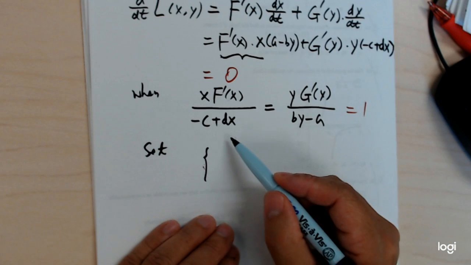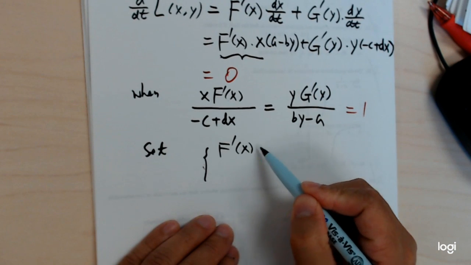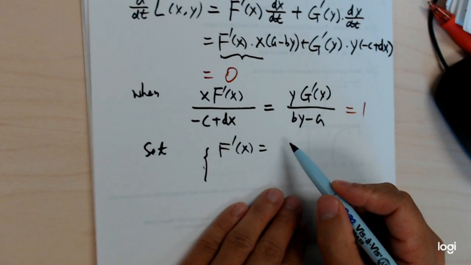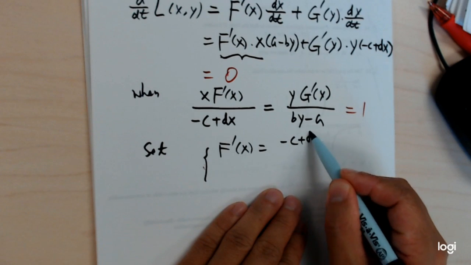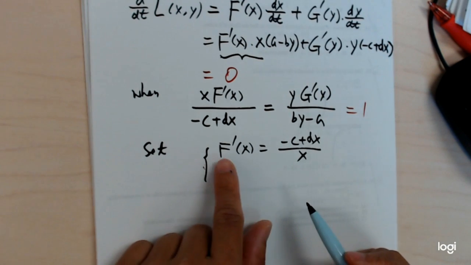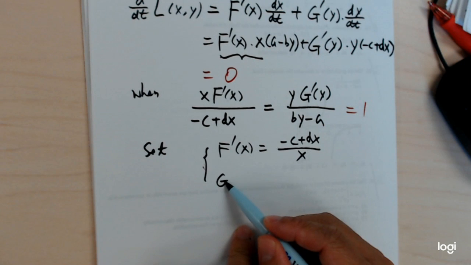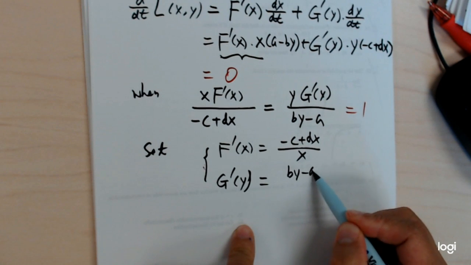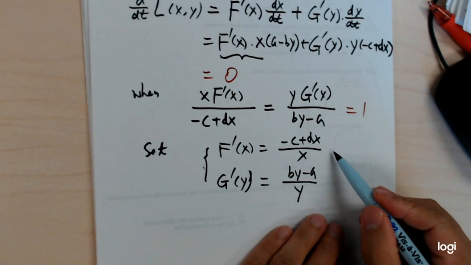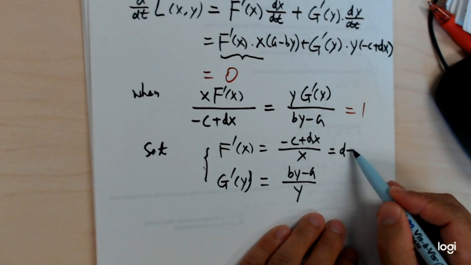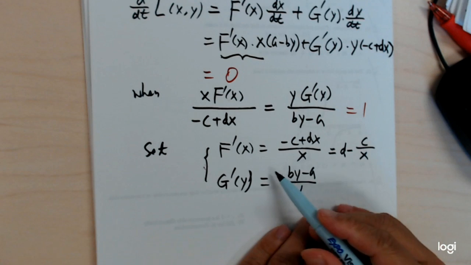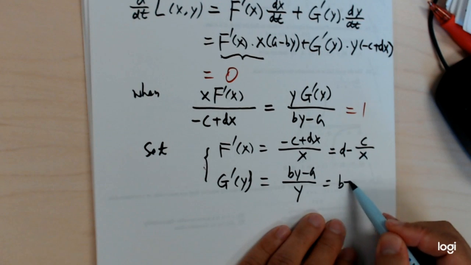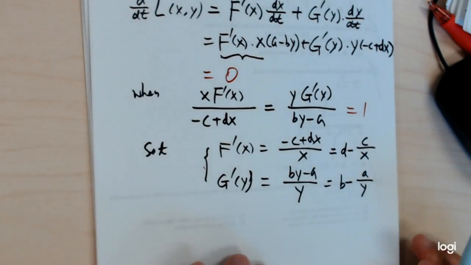So if I set this to be 1, here's the equation for F. F has to be, okay, I solve for F prime, and then I solve for G prime. So that's what F has to satisfy, and this is what G has to satisfy.